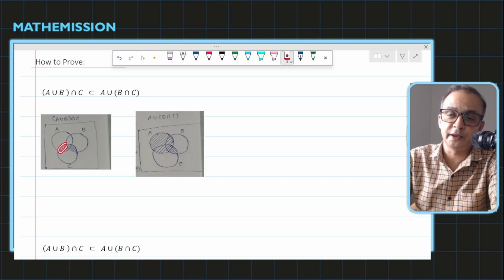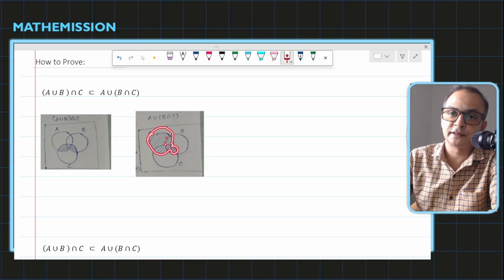A union B is this whole part, and you are saying the intersection C, so of course this part will come. Now you can see easily that this part is already here. It means with A union B intersection C, it is already there. It means this is bigger than this, and so it is a subset.